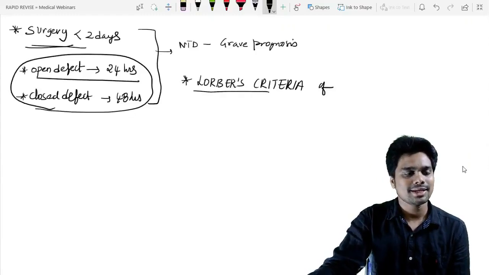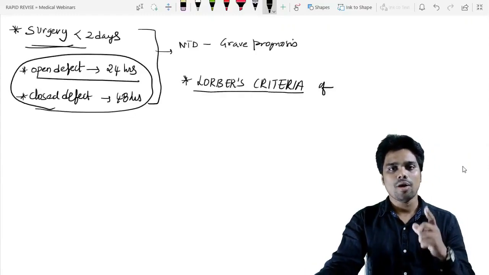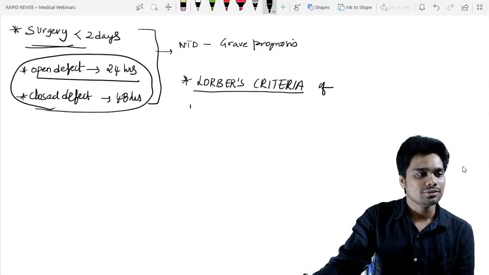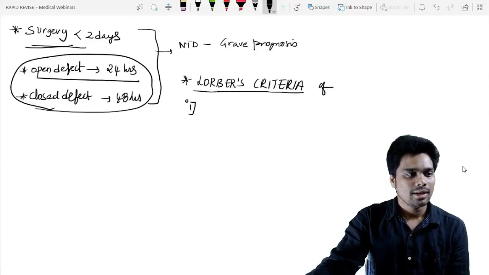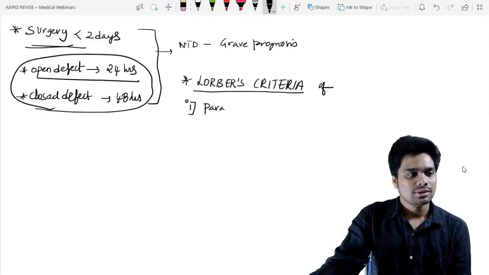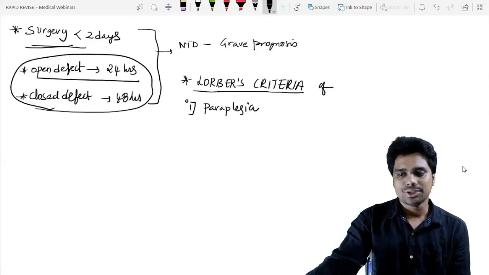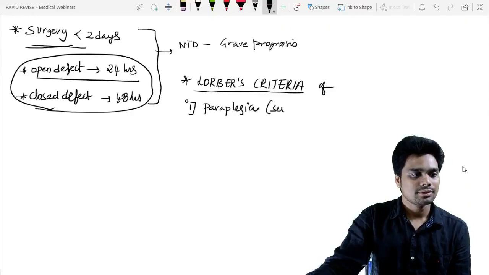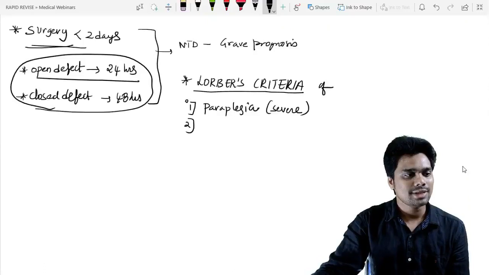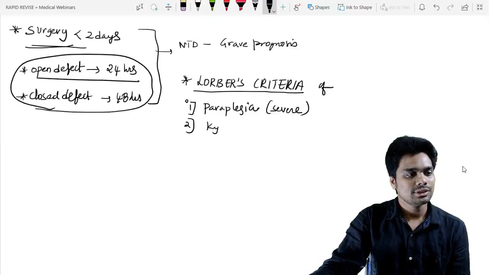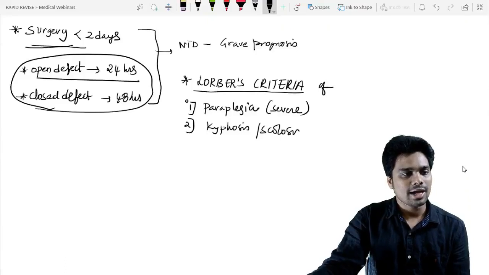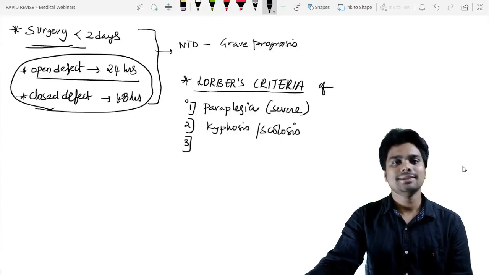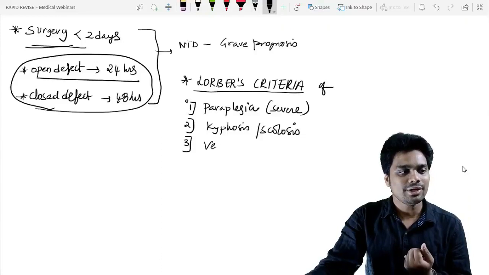So what is Lorber's criteria? It will tell you whether to operate or stop operating. Let us say there is a child with paraplegia which is very severe. The second entity is a child with kyphosis and scoliosis. Third, a child with infection, that is ventriculitis.